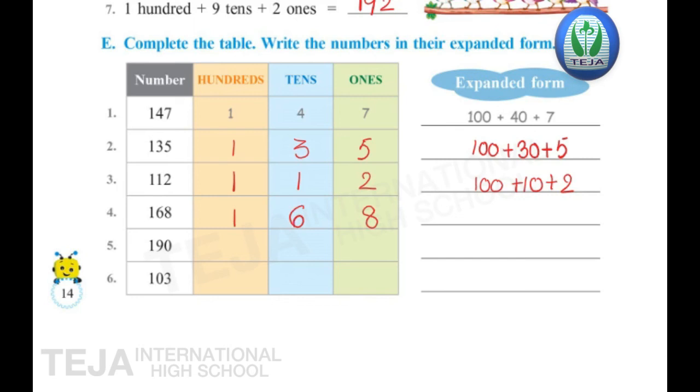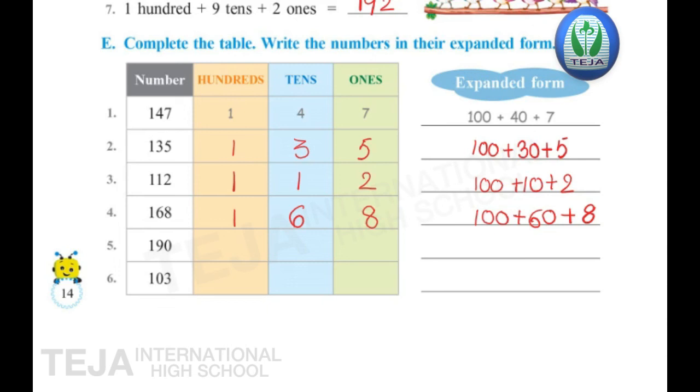So the expanded form of 168 is, as 1 is there in the hundreds place, the value of 1 will be 100 plus 6 in tens place, so the value is 60, plus 8 is in ones place, so the value will be 8. So the expanded form of 168 is 100 plus 60 plus 8.